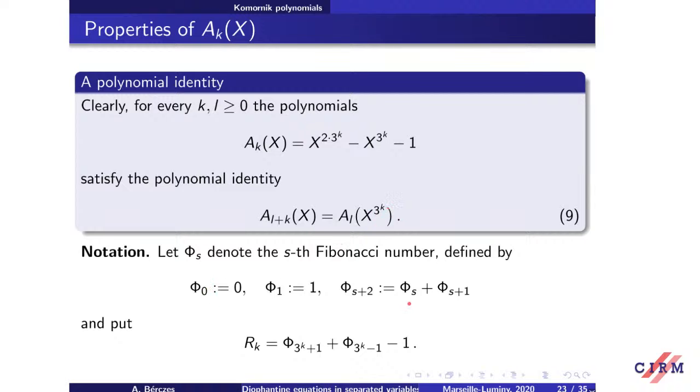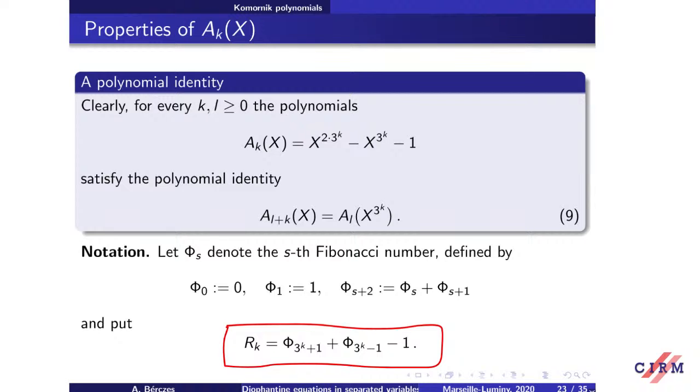And if we denote the Fibonacci numbers by phi 0, phi 1, and so on, and we define R_k to be phi of 3 to the power k plus 1 plus phi of 3 to the power k minus 1 minus 1, then these are clearly integer numbers.